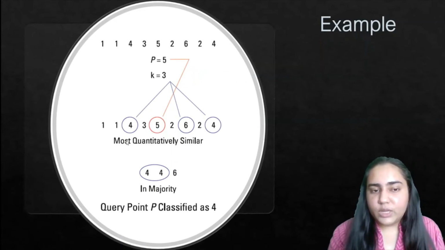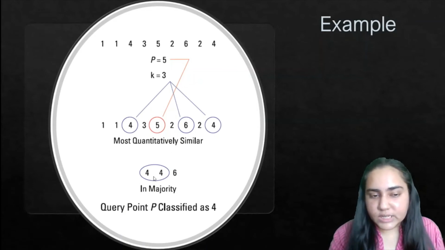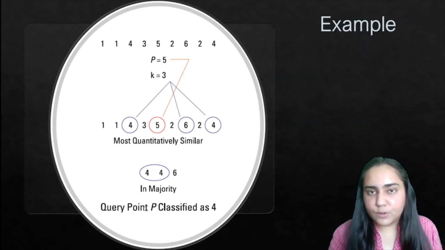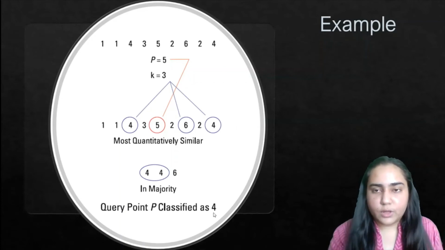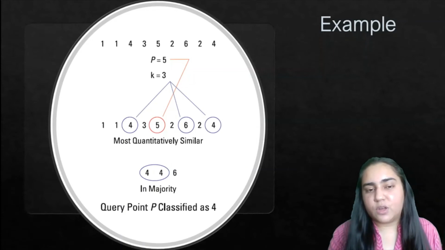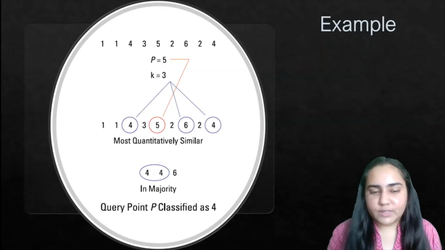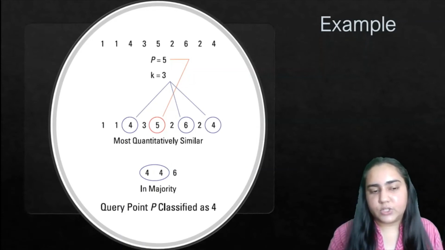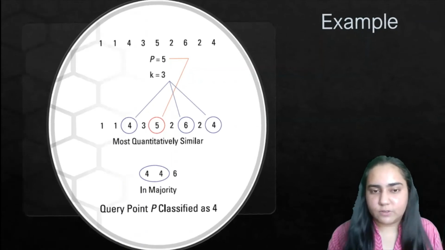So now we are just picking the points that are most quantitatively similar to 5, and those points are 4, 6, and 4. From here, 4 is found in majority, and that is why your new query point is going to be classified as 4. And then this process keeps repeating till convergence is achieved.